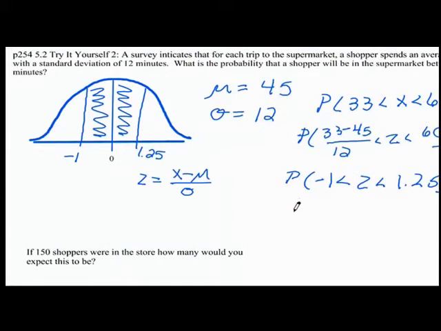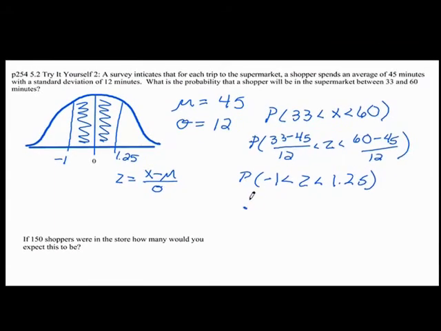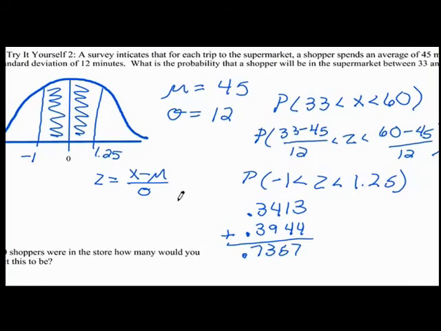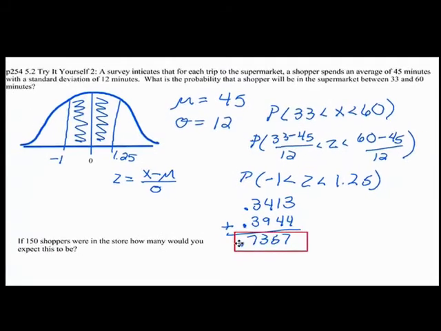So that's going to be 0.3413 for the 0 to -1, and then 0.3944 for the 1.25. So we'll add those together, and that'll give us 0.7357. So that's the probability that it's between the -1 and the 1.25, or that the shopper's in there between 33 and 60 minutes.